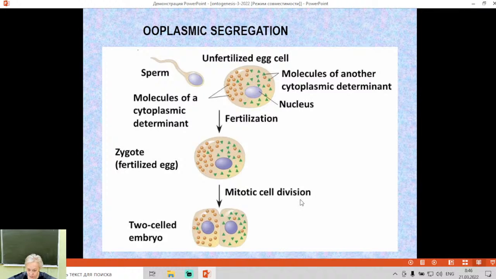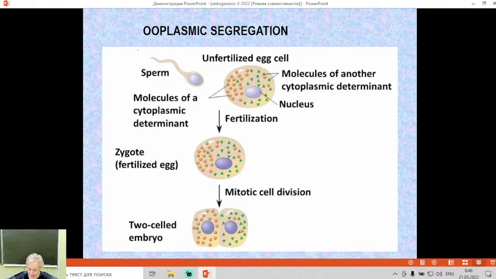You see mitotic cell division and two blastomeres. One blastomere has one substance, the other blastomere has other substances. These substances will affect the activity of genes in the cell in different ways.